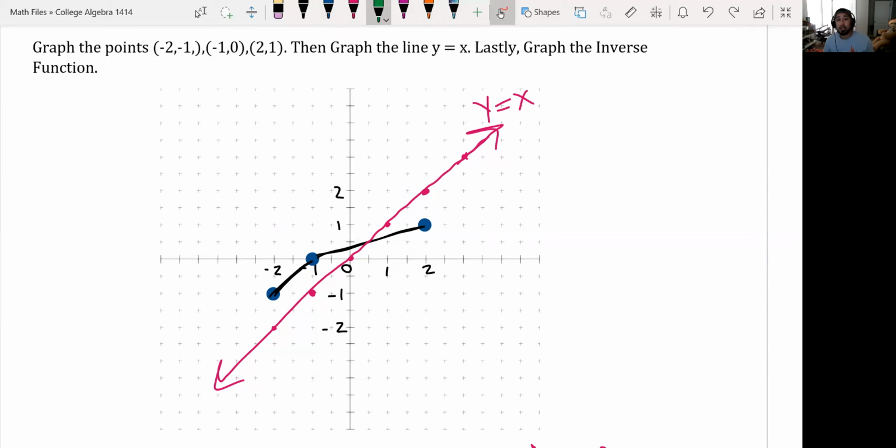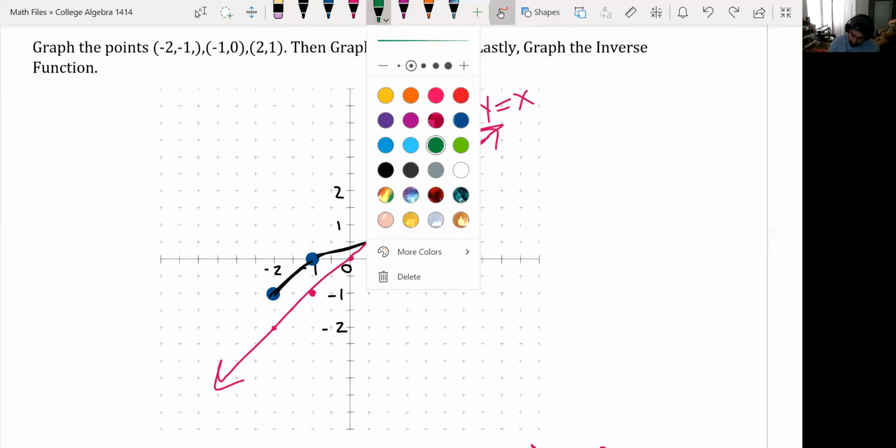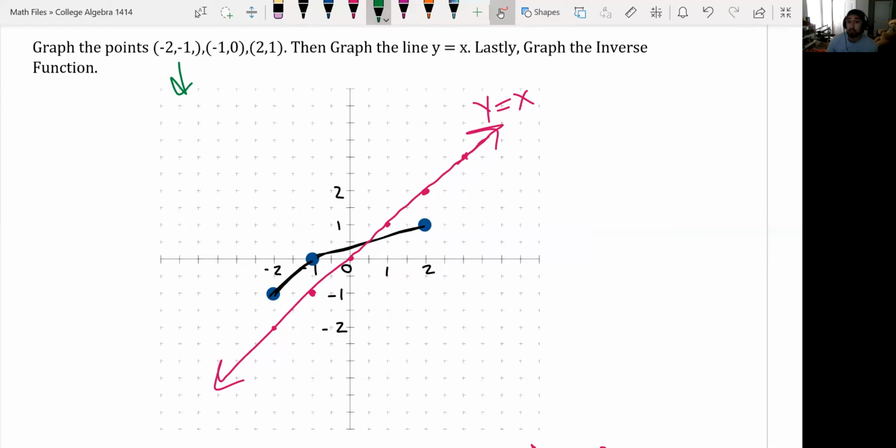So if we're given the point -2, -1, well, if it has an inverse, remember that its x and y values will swap. So you'll get -1, -2.